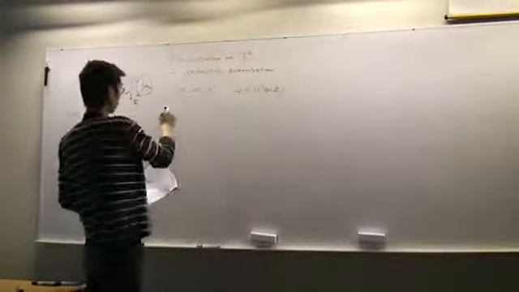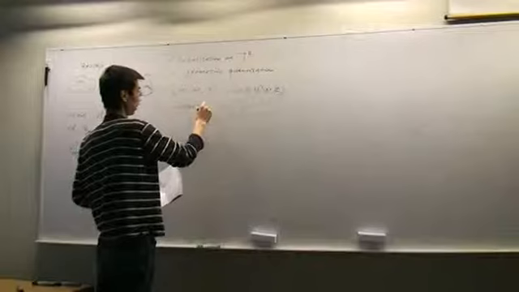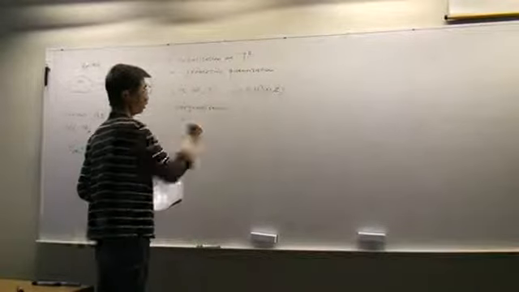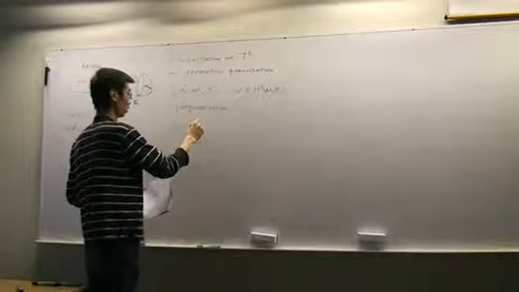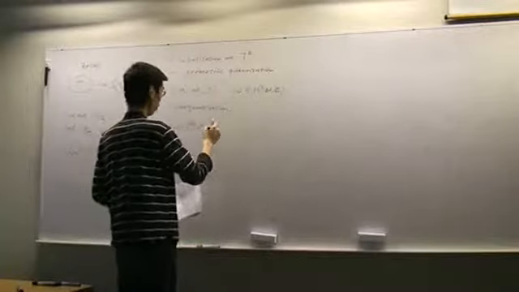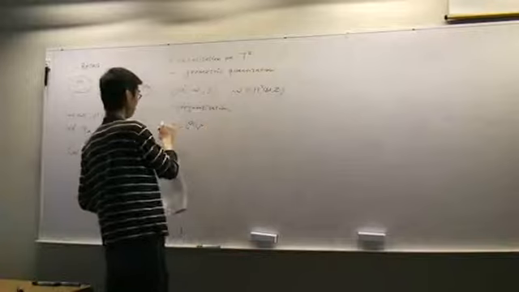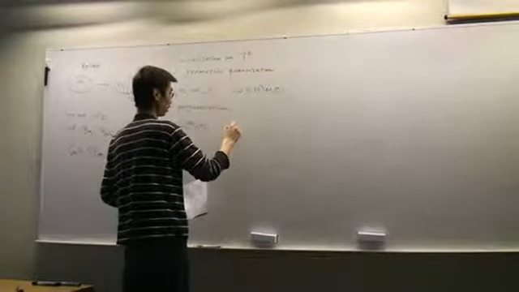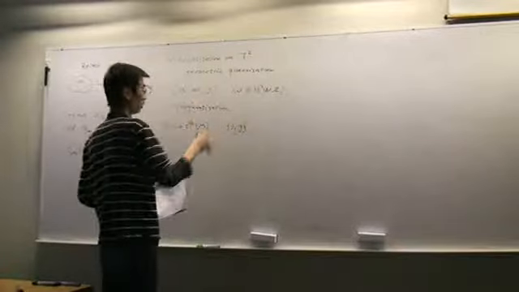So the first step is pre-quantization. For any two functions, we can define a Poisson bracket, using the inverse of this omega.